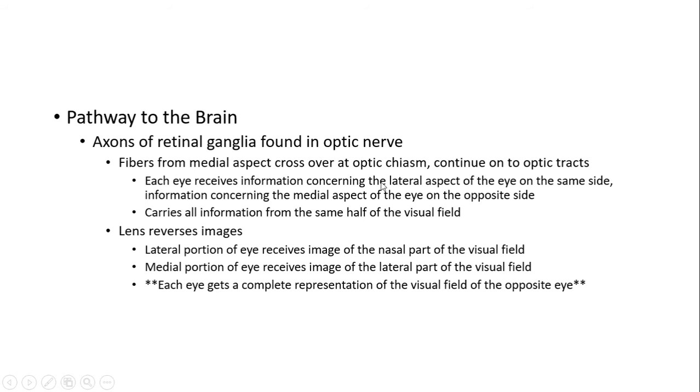Each eye receives information concerning the lateral aspect of the eye on the same side, and information concerning the medial aspect of the opposite eye, which is what we just looked at, because of how they cross over. It carries all the information from the same half of the visual field.